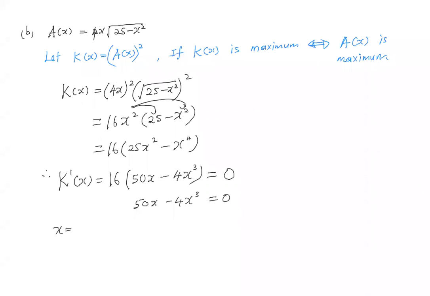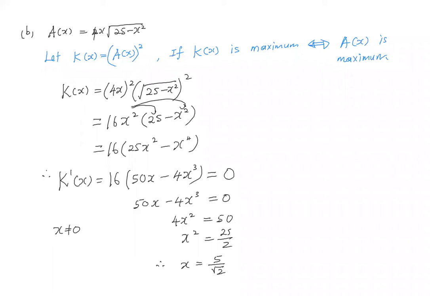X cannot be 0. So now I cancel off the x. Now I have 4x squared equal to 50, so my x squared equal to 25 over 2. Therefore, my x is equal to 5 over root 2.